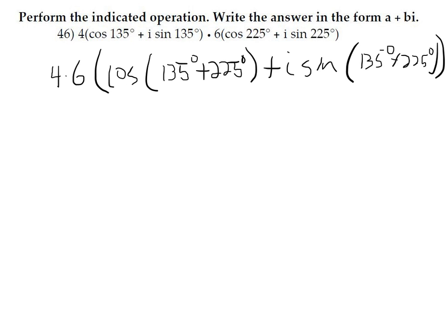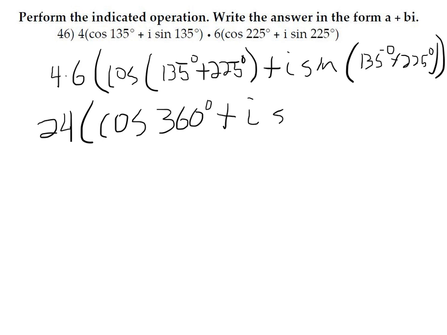The r's of the complex numbers multiply together, and the angles add together, but you still have r cosine plus i sine. So we have, for this problem, 24 times cosine 360 degrees. When we add 135 and 225, we get 360 degrees, plus i sine 360 degrees.